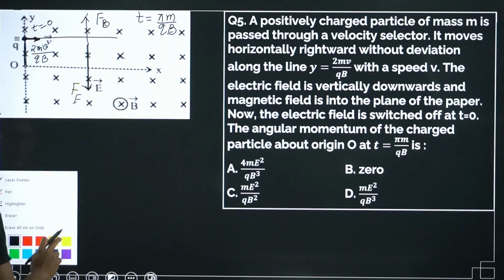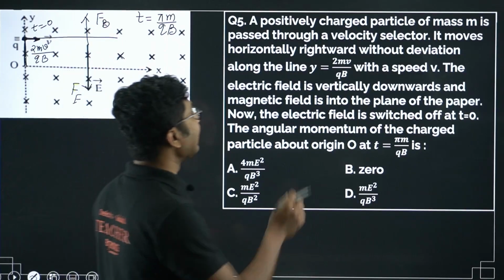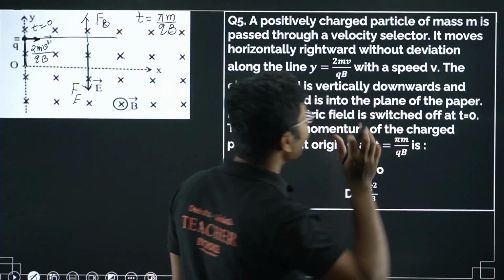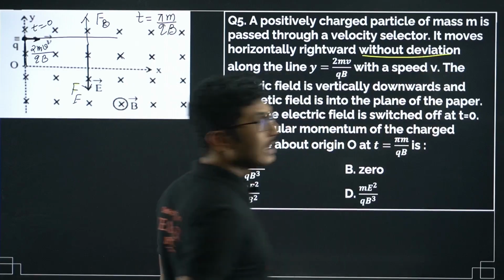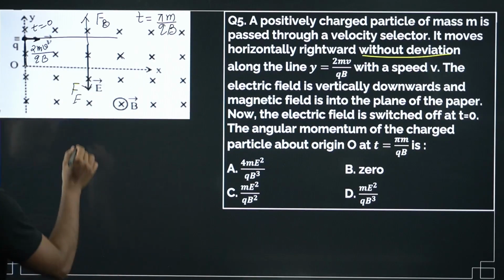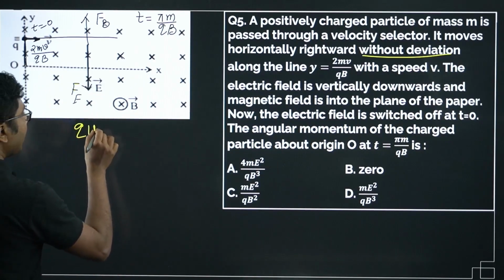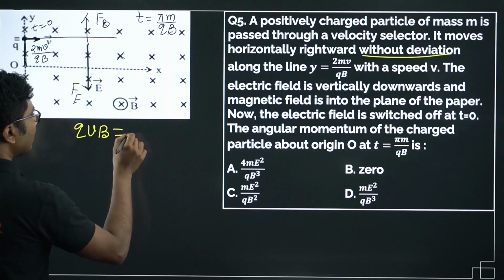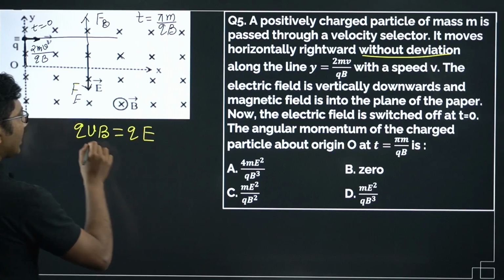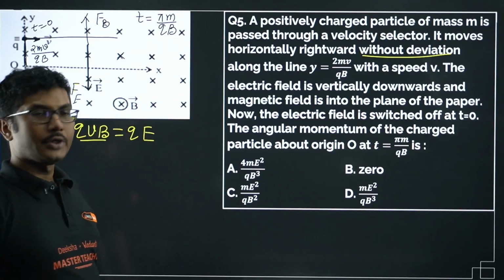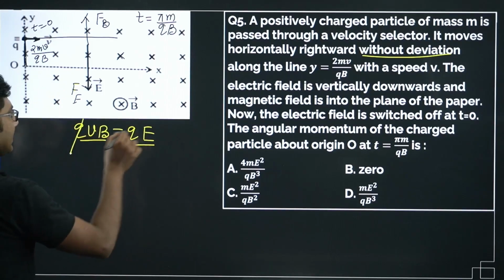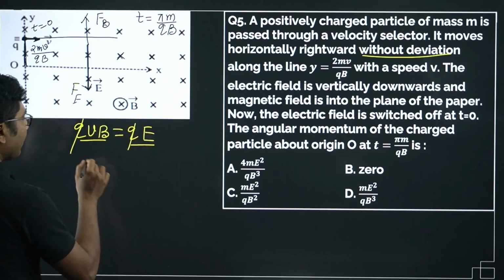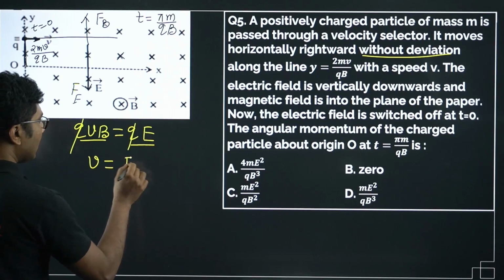That is why it goes undeflected. Passing without deviation means these two forces are equal. So qvB must equal qE. qvB is the Lorentz force and qE is the electrostatic force. They are equal, so from here you can say that v equals E by B.